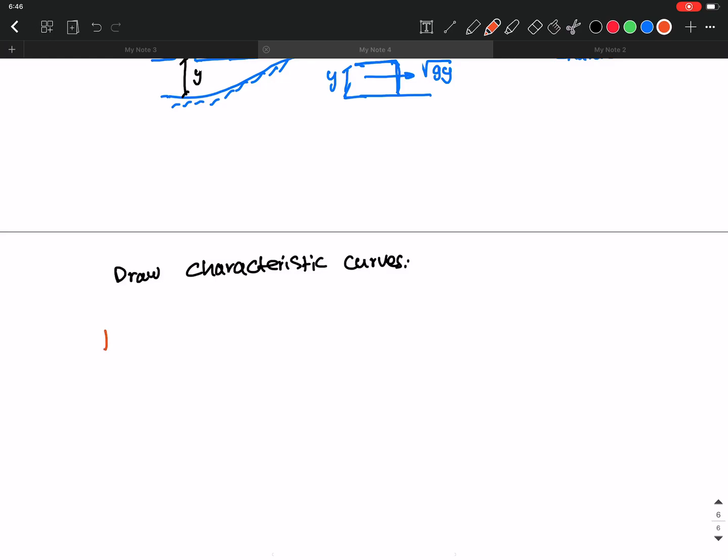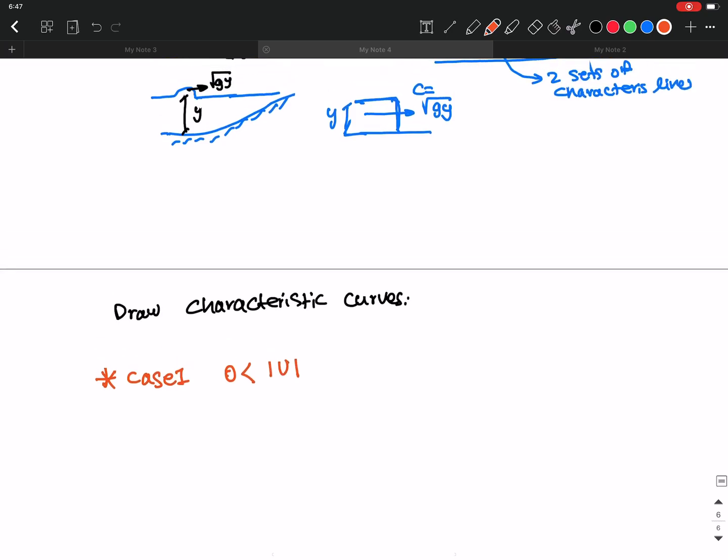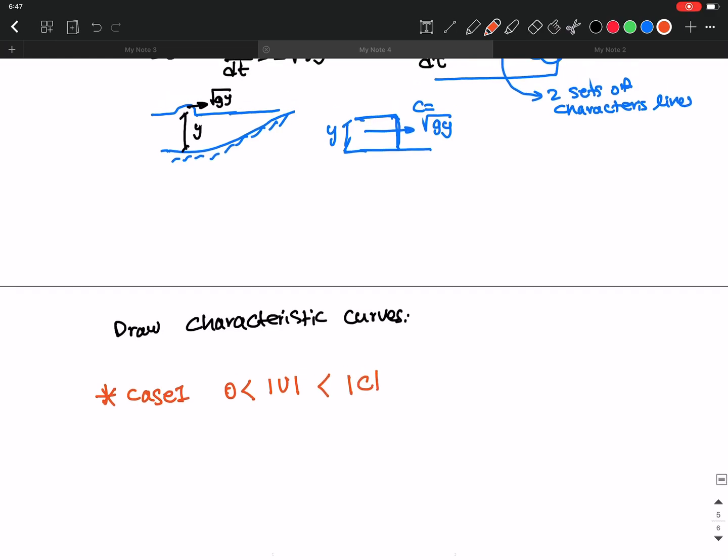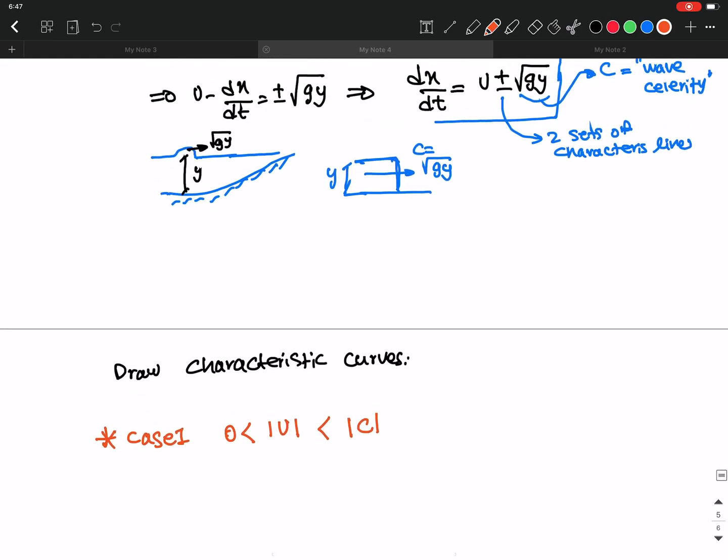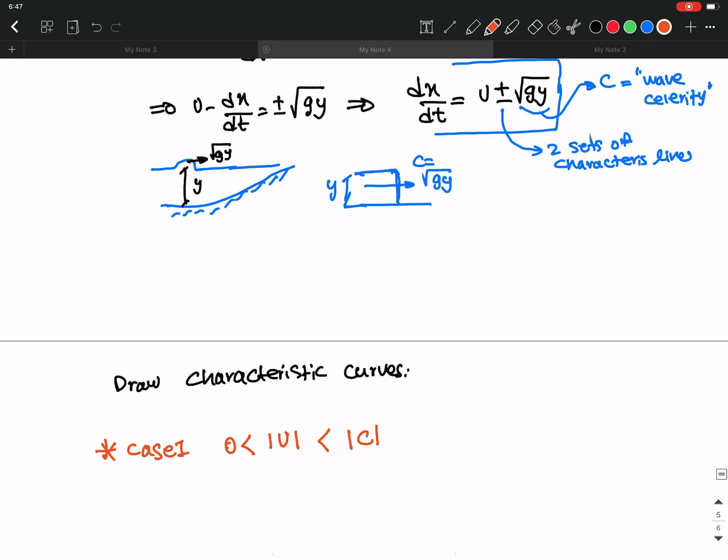The first case is when the velocity is between the wave speed c, the wave celerity, which here can be like the speed of a water wave, and 0.